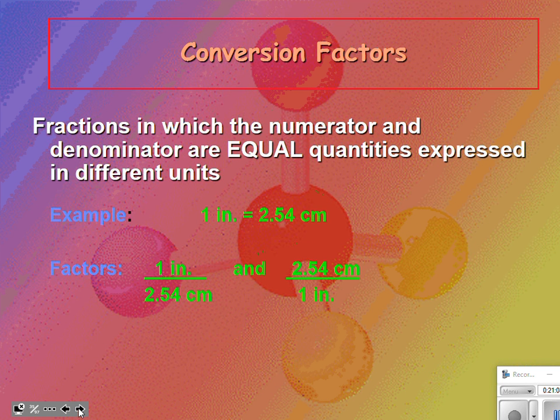Now let's talk about some conversion factors. Fractions in which the numerator and the denominator are equal, quantities expressed in different units. So if I look at this, the example is 1 inch is equal to 2.54 centimeters.